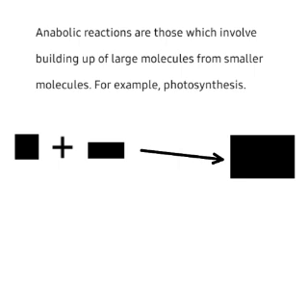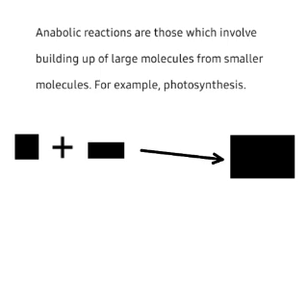So we can define anabolic reactions as those reactions in which there is building up of large molecules from smaller molecules. The best example which we have is photosynthesis in plants, where you're going to have smaller molecules like carbon dioxide and water forming a large molecule like the glucose molecule and a byproduct which is oxygen.